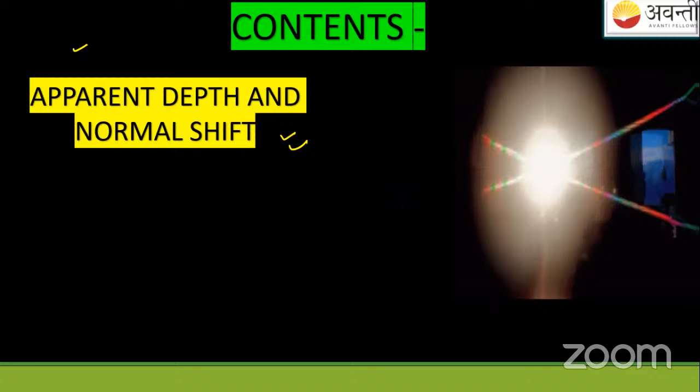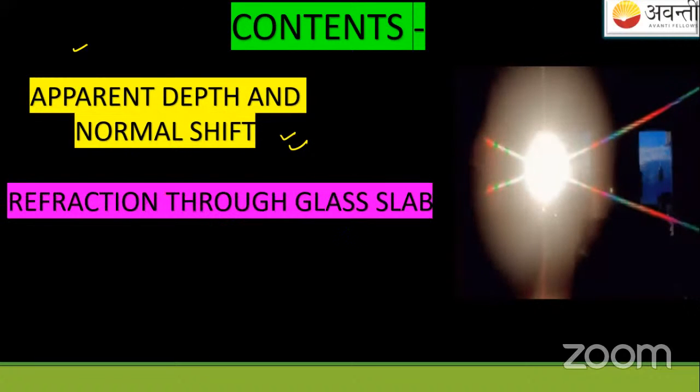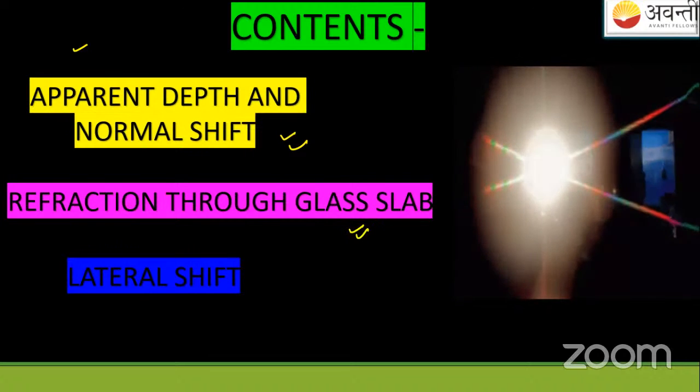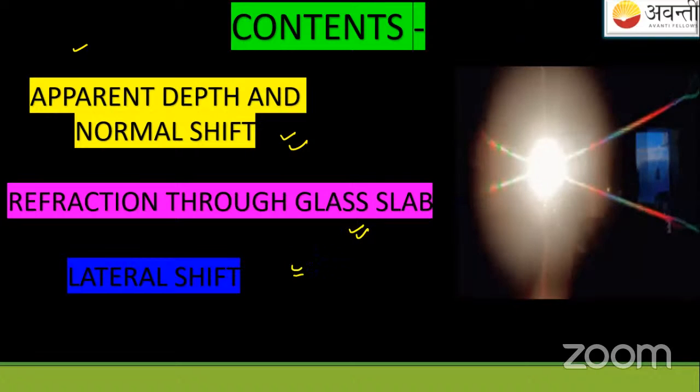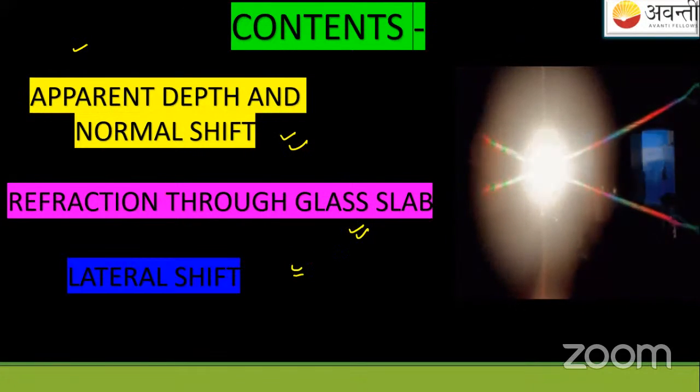After this, we'll see refraction through a glass slab. After this, we'll see lateral shift. Lateral shift किसे कहते हैं? We'll see that. But before that, what are the 3 things I've told you? Revision and contents. Let us start and not waste time.